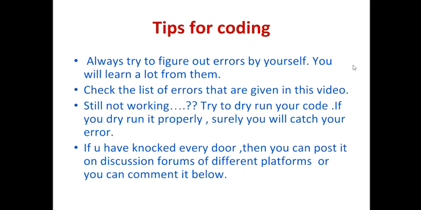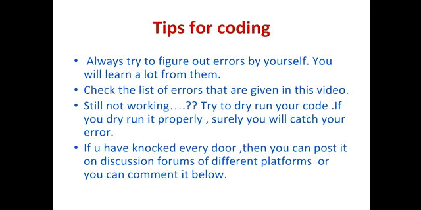Finally, some tips for coding. If you come up with an error, how should you proceed to correct it? Firstly, try to correct your error by yourself instead of asking others. You surely learn a lot from that. Then, if you're not getting it, check the list of errors that we have provided in this video.